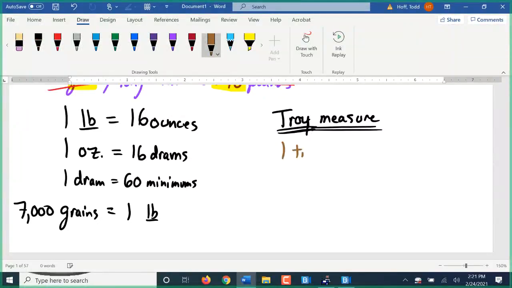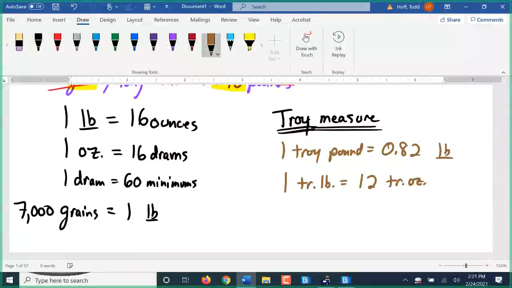1 troy pound is a little bit smaller. It's about 0.82 of our regular pounds. Now, with that said, 1 troy pound only contains 12 troy ounces. So you can see the troy pound is smaller than our US pound.